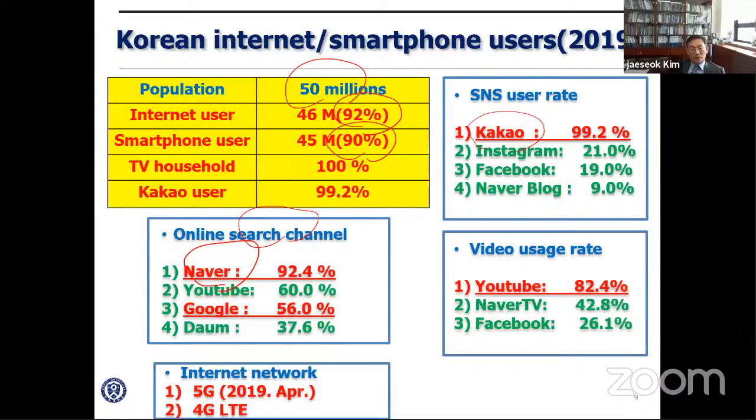We also launched the world's first 5G network service last year. So our government actually used these kinds of ICT environments for developing some prevention plans and also some tracking systems.